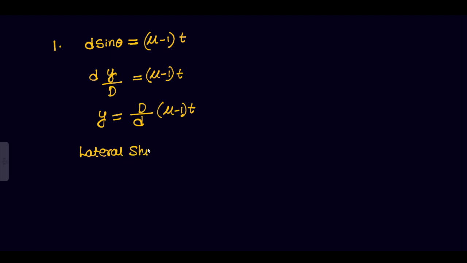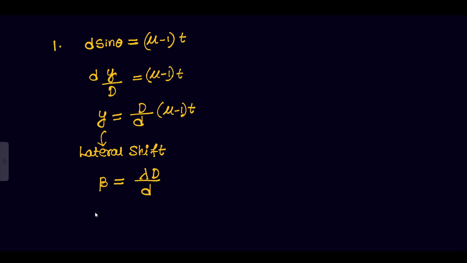This is called the lateral shift. How much does the shift take place? This much. Now, sometimes we know the fringe width. Fringe width beta is given as lambda D by small d.